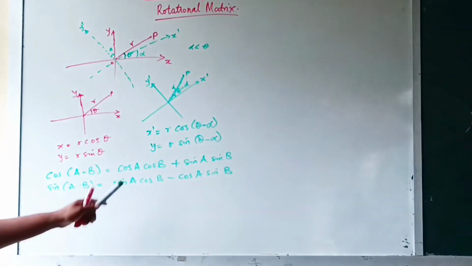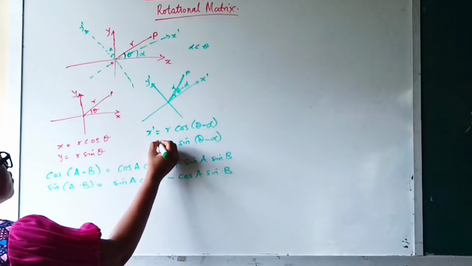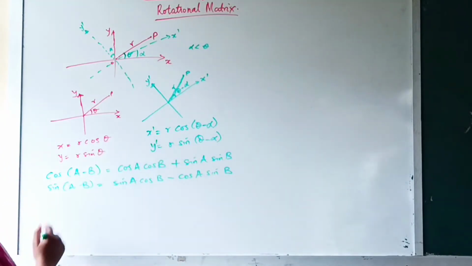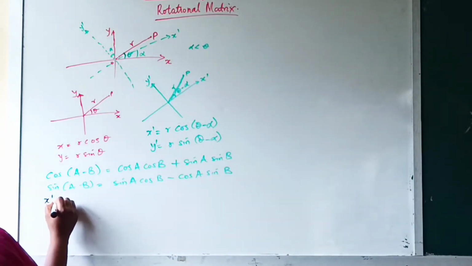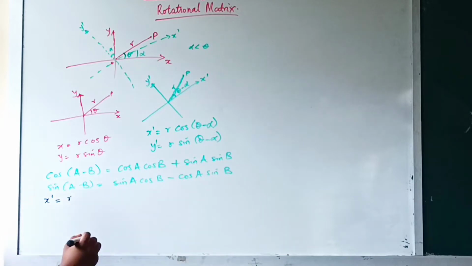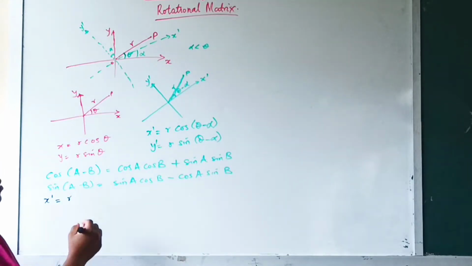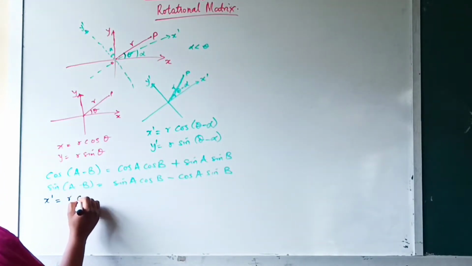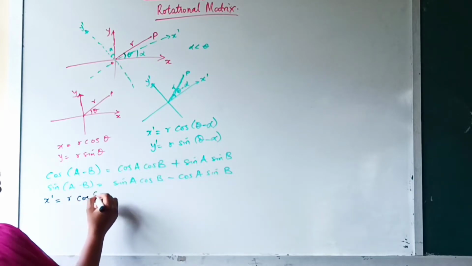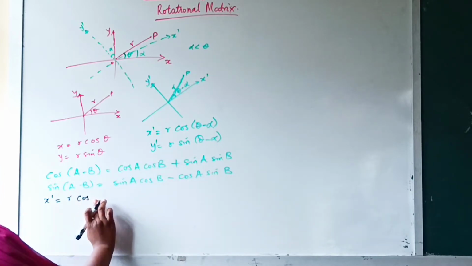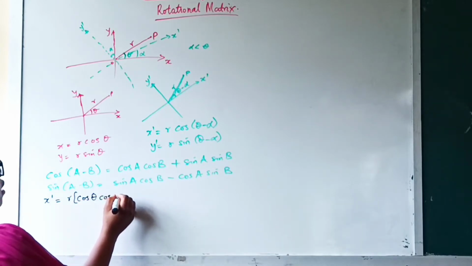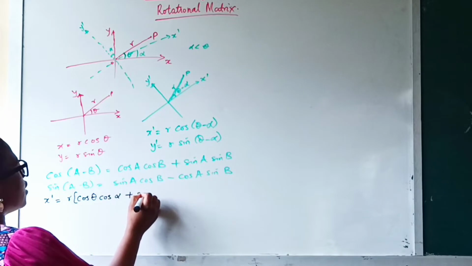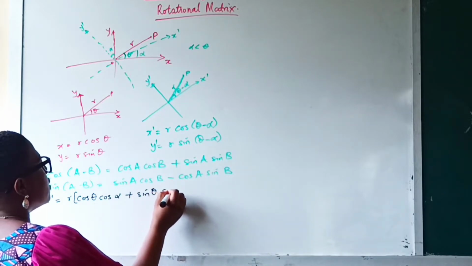Applying this to x prime and y prime, we would have x prime is equal to r into cos theta cos alpha plus sin theta sin alpha.